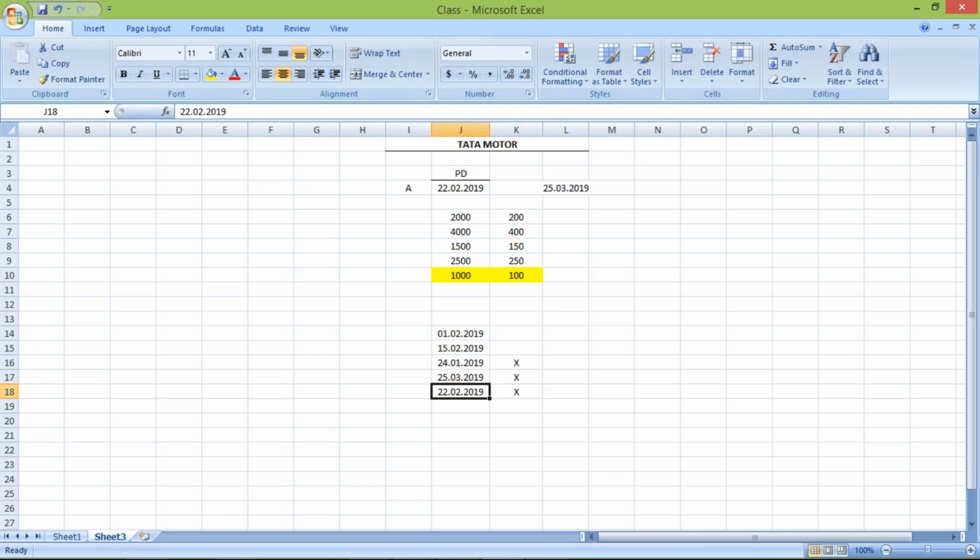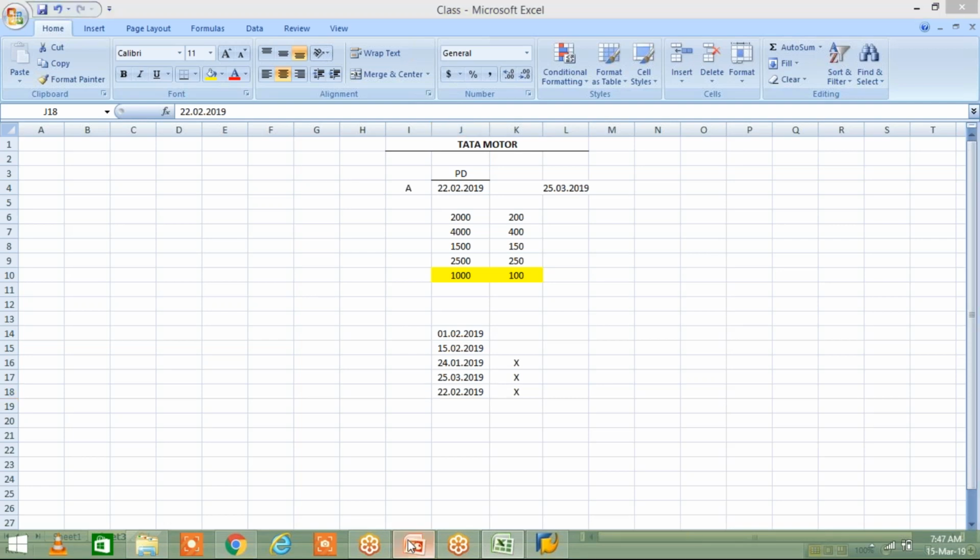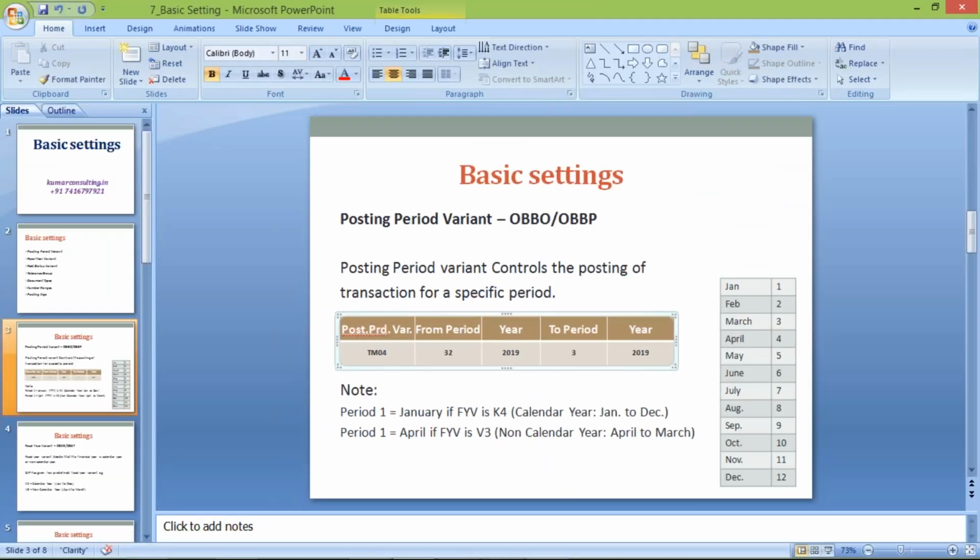Then whoever the manager is, they are going to give a big lecture, right? And then after, they will just open the previous period, in the sense, February month they have opened. Okay, February month they have opened, and then what will happen, guys?